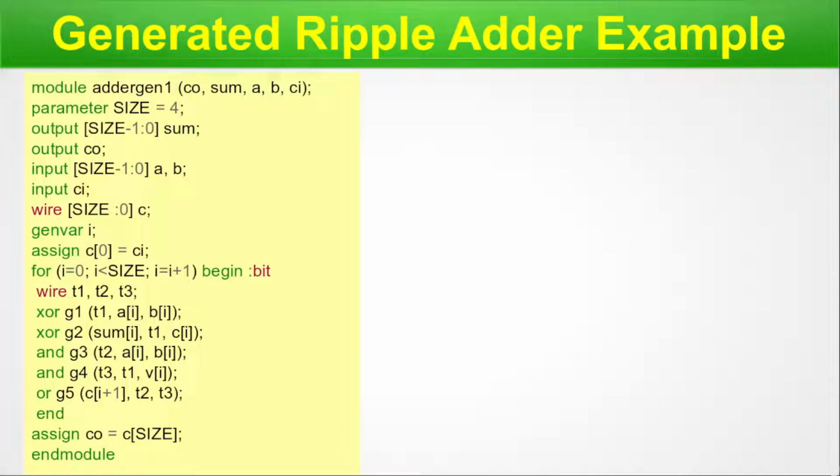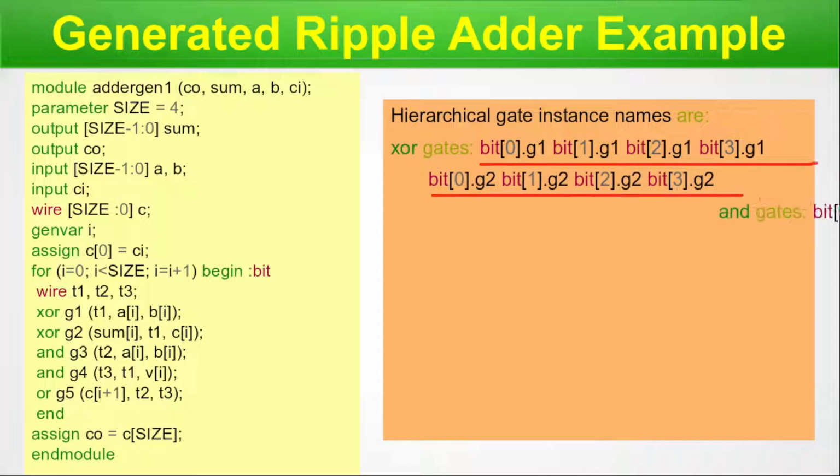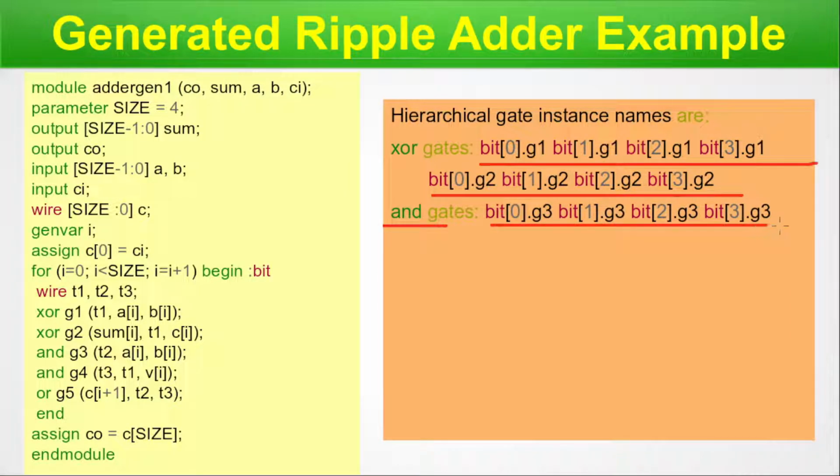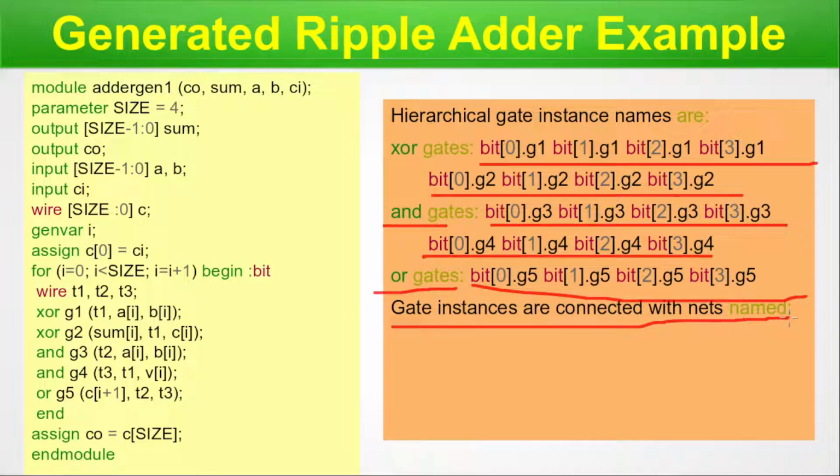Now let me show the things that come in the elaboration, right? Here the hierarchical gate instance names will come in the elaboration, like XOR gates will be like this, and this is another XOR gate. Also we will have AND gates with this kind of hierarchical name, and this is another AND gate. We have also the OR gates, and this kind of hierarchical names will come. And the gate instances are connected with the net named. This is the net name, right?